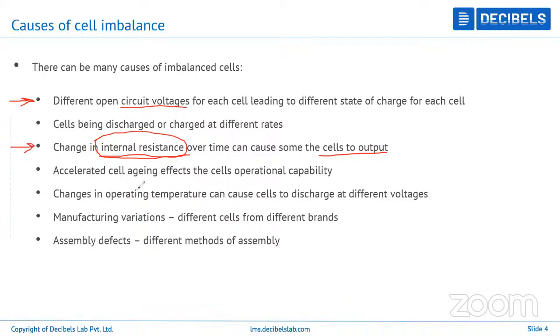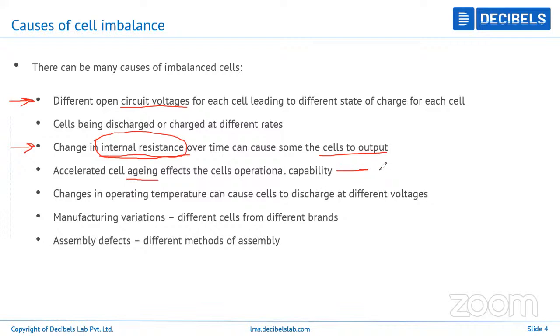One more thing, one of the more important ones, is the long-term effect called the aging effect, right? Over repeated usage, cells start to age, which means that the internal components of the cell start to get damaged, and it won't be able to give out the same voltage level as when it was brand new.